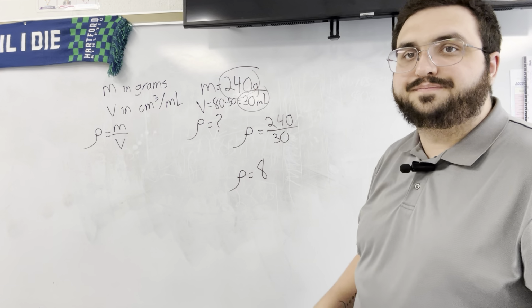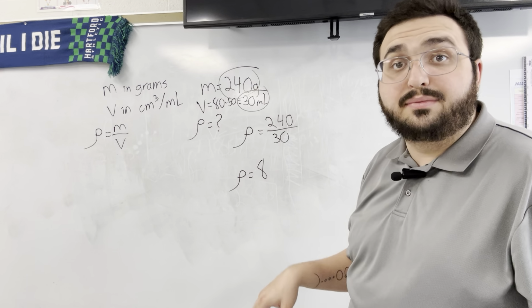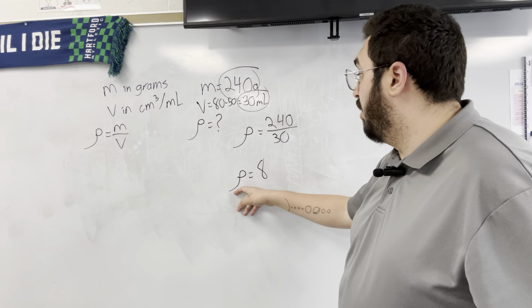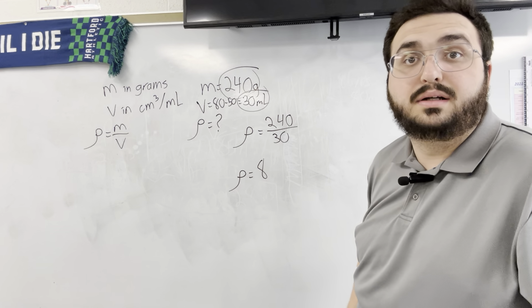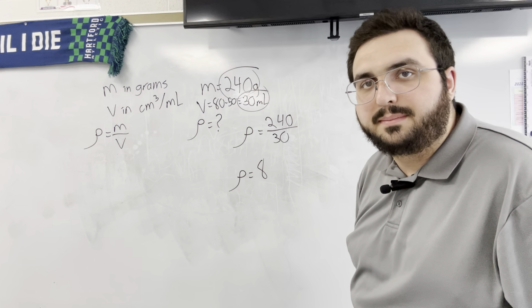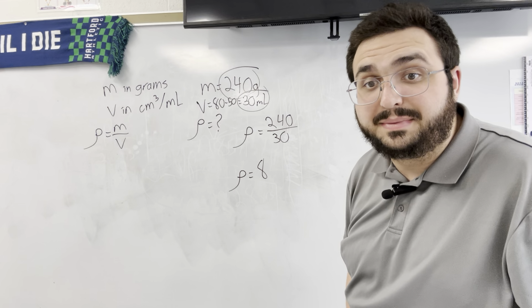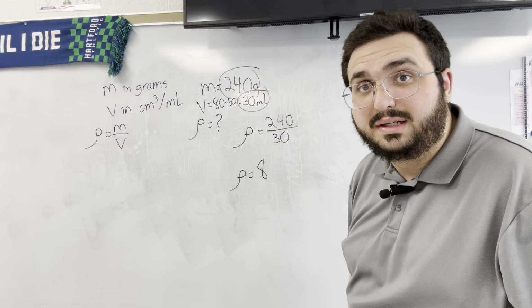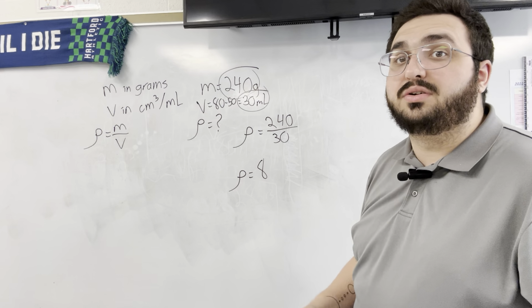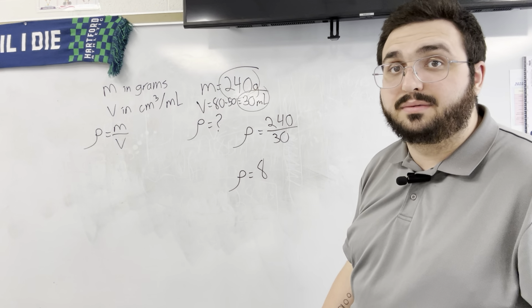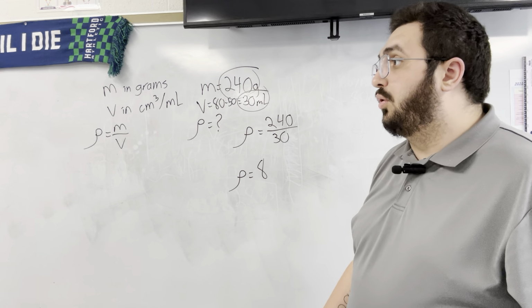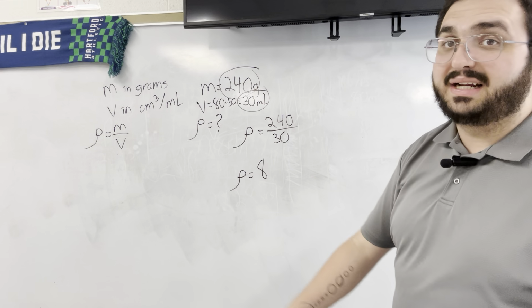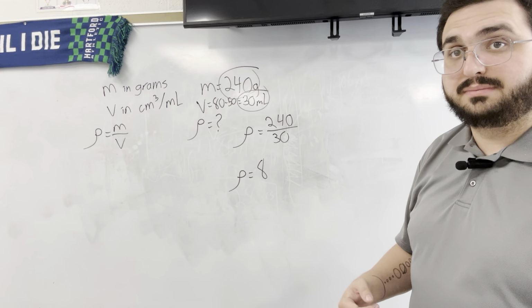Now, some people would think we're done here. We have solved our answer. Our math is done. But this is a number without a unit, which means that right now, it's meaningless. It doesn't give us a clear picture in terms of what I'm actually dealing with here. So, in order to give this number meaning, I need to put a unit onto it.